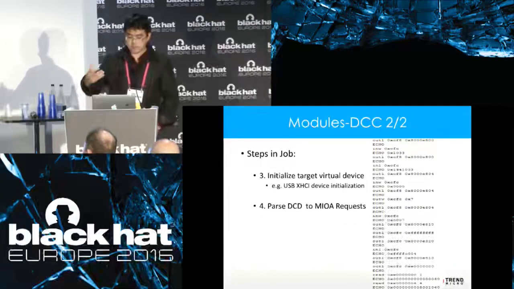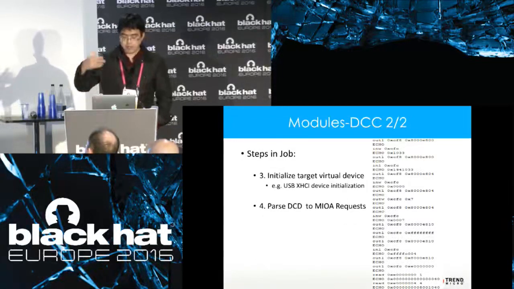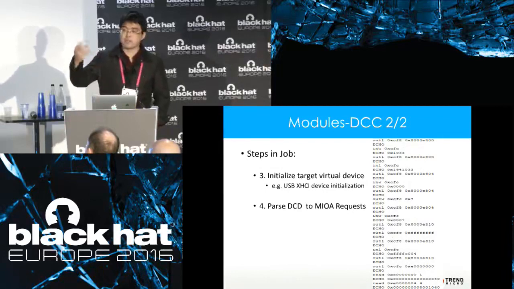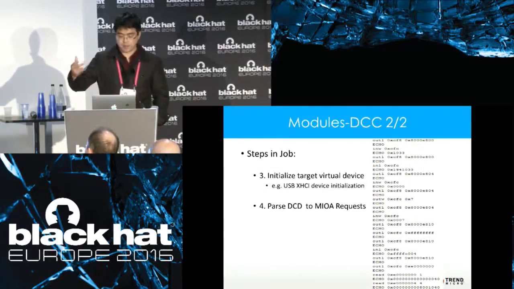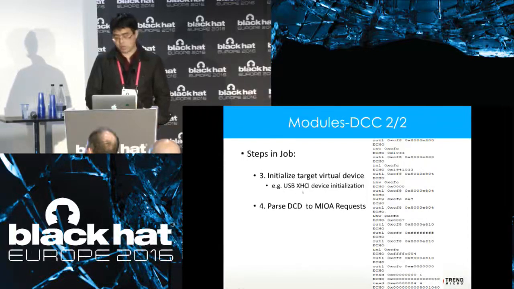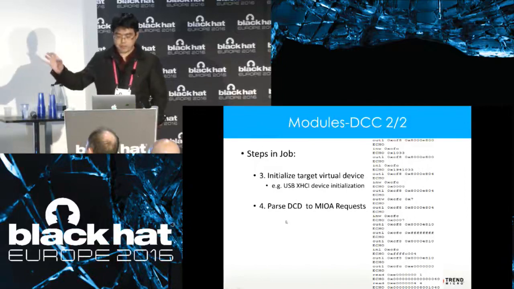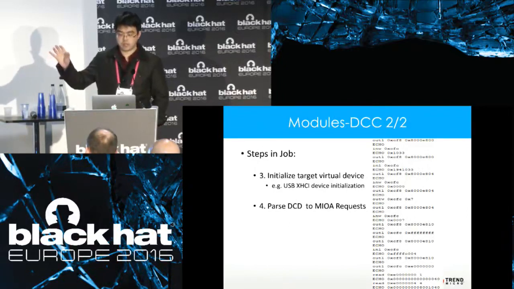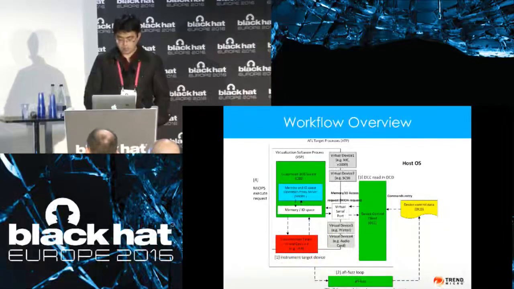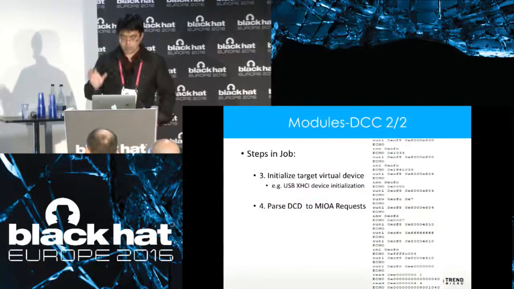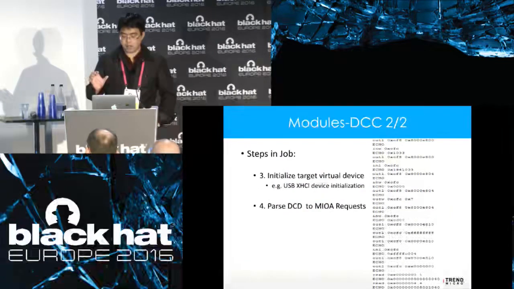And thirdly, the DCC will send the initialization requests to the CBS. For example, it will send the initialization request towards the USB HCI devices like this. And finally, the DCC will pass the DCD data outside of the VM and translate the DCD to I/O requests.